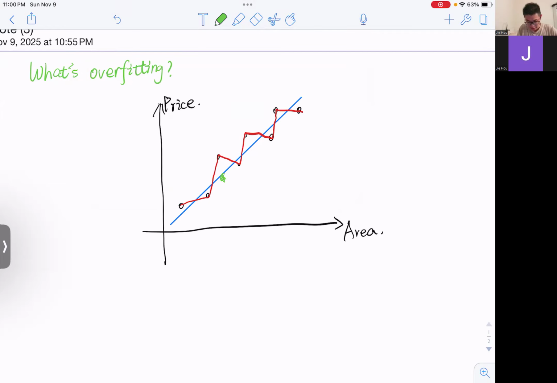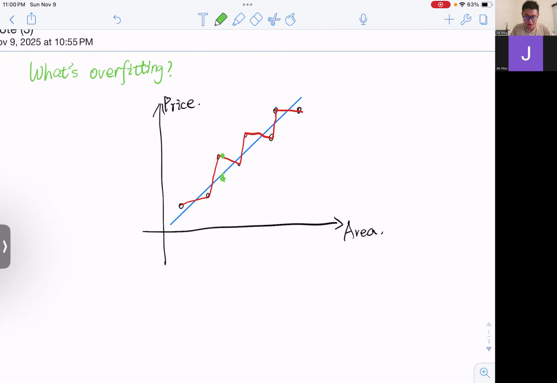But where is model B? Model B is right here. It's much higher than the actual price of this house. So what happened? Why does model B fit the training data very well, but cannot predict the new data? That's because model B just fit the training data, but the training data is not a perfect one.